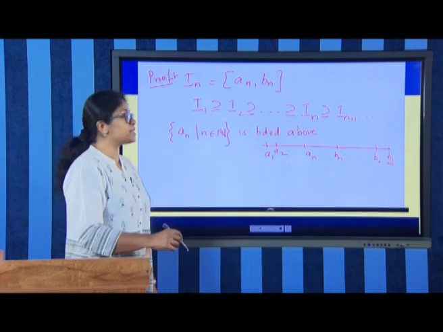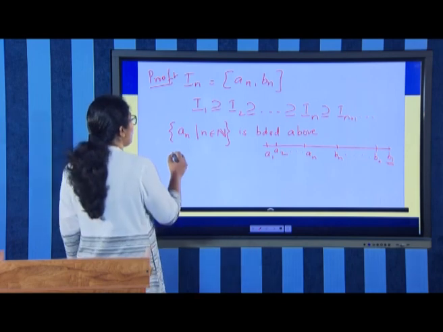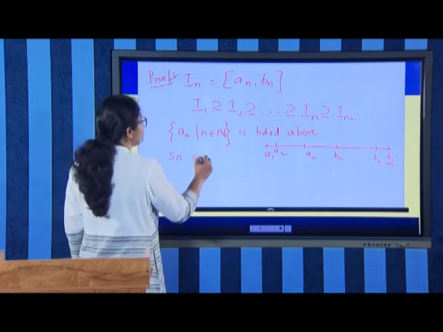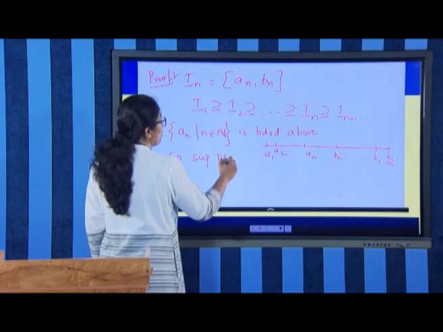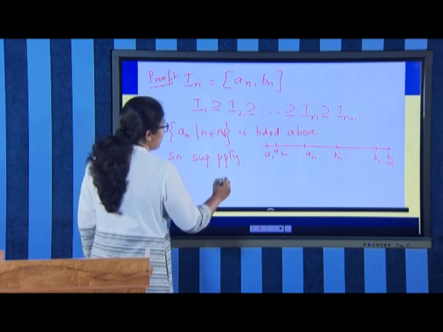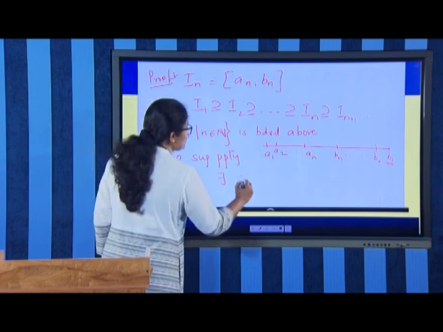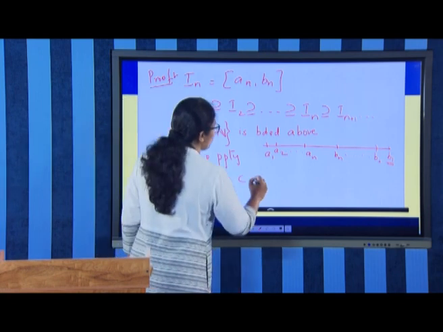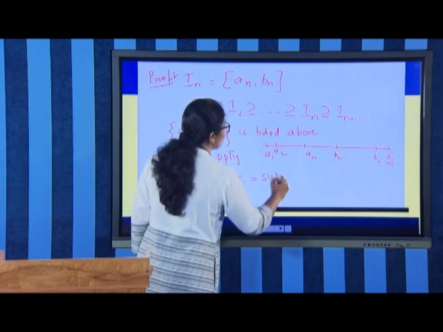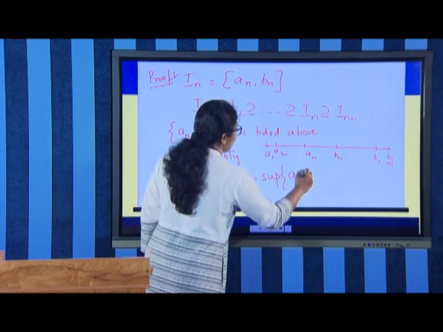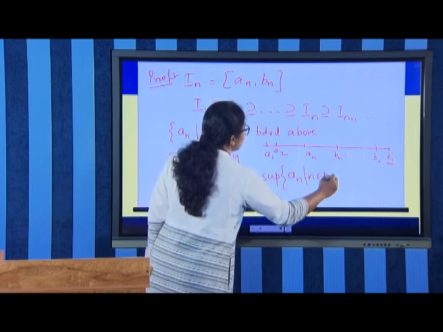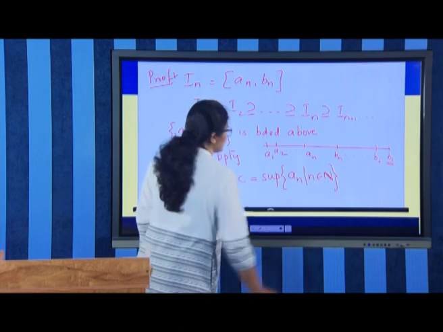Definitely it has an upper bound, and so the supremum property ensures that there exists at least one point C which is the supremum of this set An, where n belongs to the set of all natural numbers.